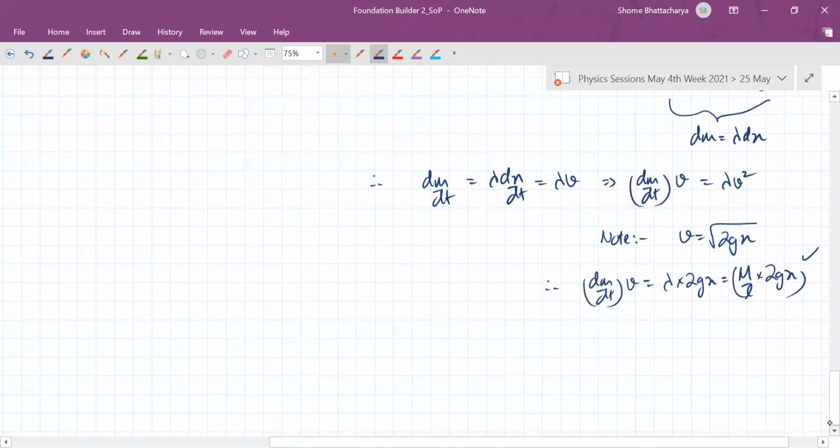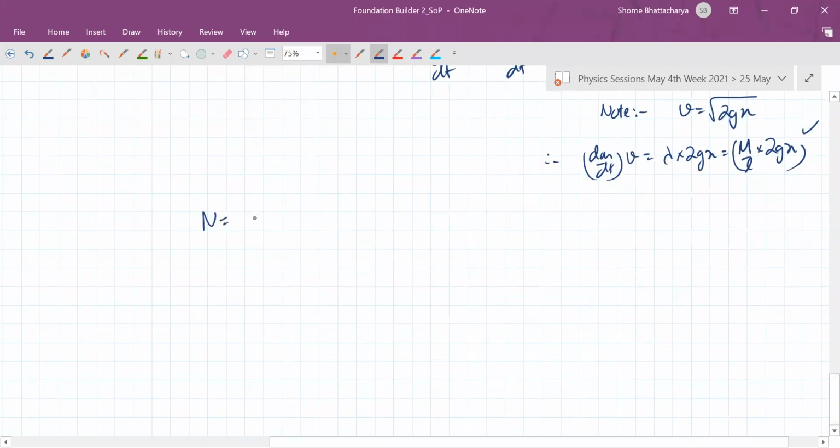So coming back to the normal reaction, it was dm by dt into v plus the weight of the portion which is on the ground. Now in this also, lambda x or m by L into x is the mass. So the first part, dm by dt into v, becomes lambda or m by L into 2gx.